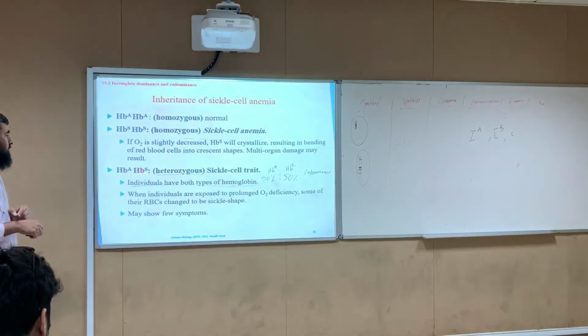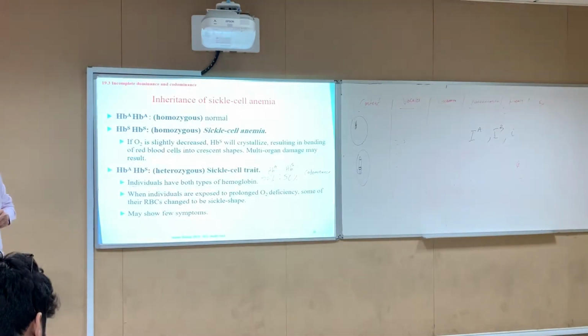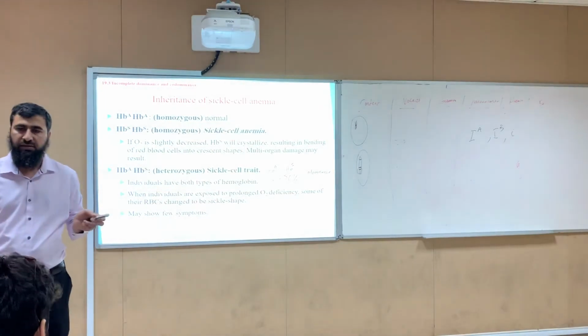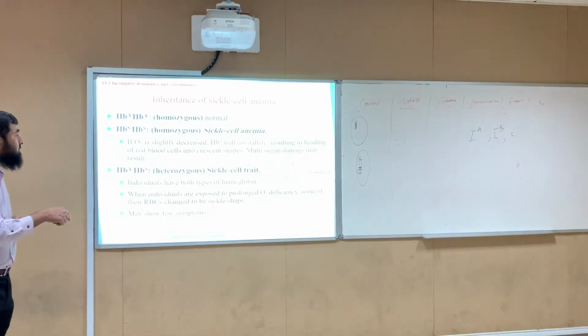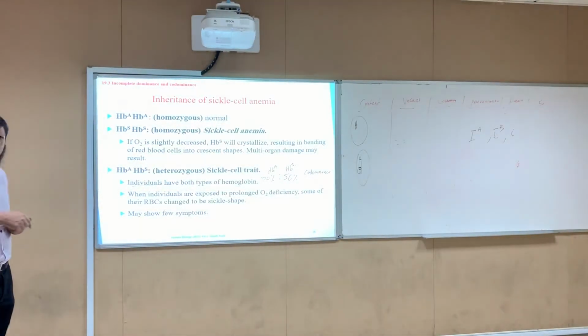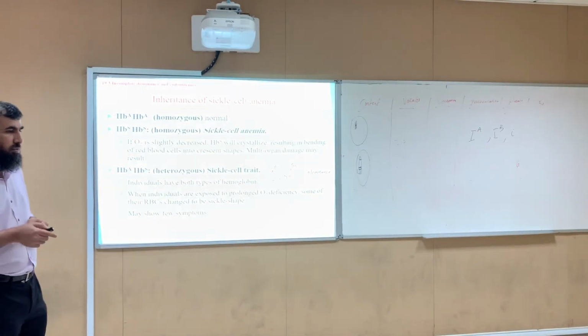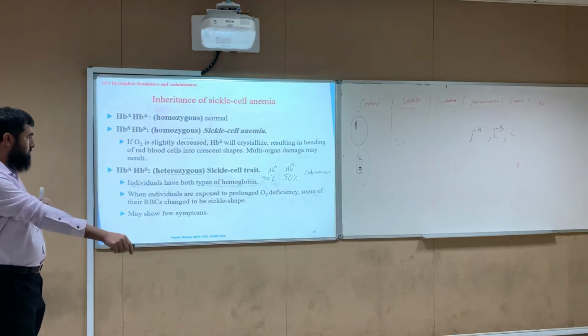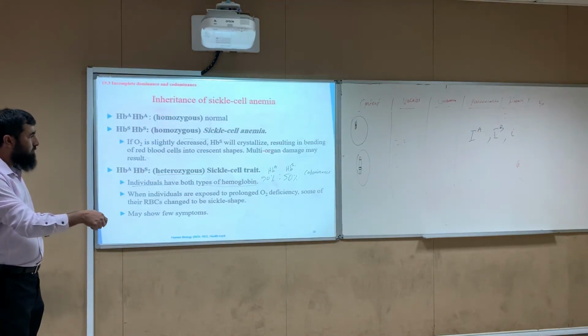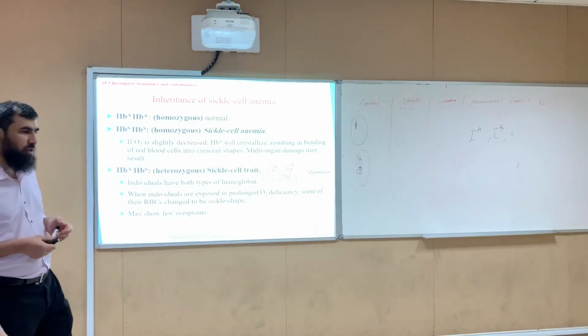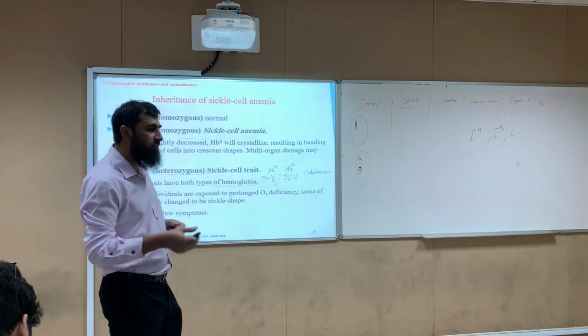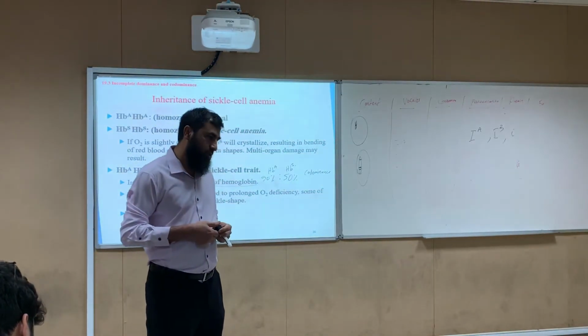People who are carriers don't normally have many symptoms, okay? They don't have the severe symptoms of the people who are homozygous and have sickle cell anemia. What are the symptoms? You can get multi-organ damage because of oxygen deprivation. The cells cannot efficiently carry oxygen.